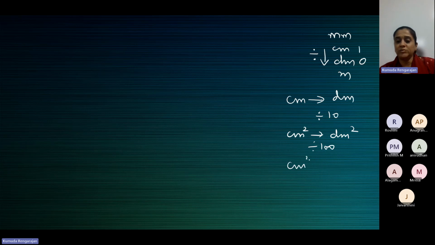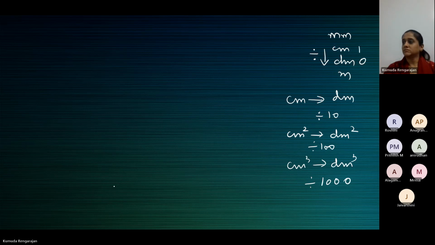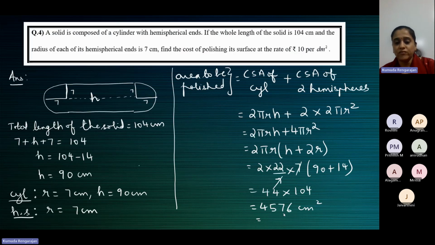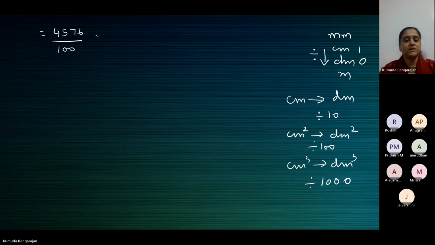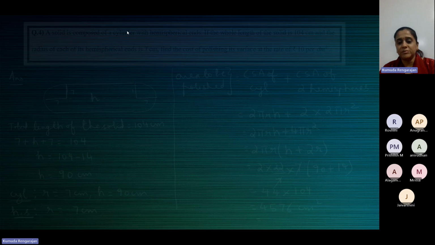If it is centimeter cube to decimeter cube, you should divide by 1000. So it will be 4576 divided by 100 decimeter square. This one is centimeter square.